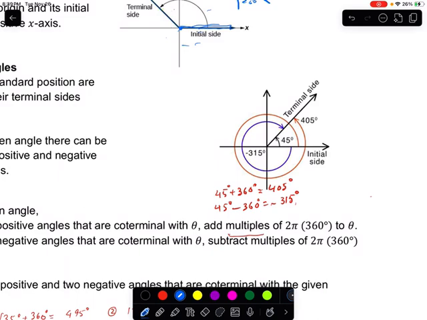So we can have coterminal angles which are positive or negative, and we will have infinitely many coterminal angles. So how to find a coterminal angle? By adding or subtracting multiples of 360 degrees if the angle is in degrees, and if the angle is in radians, then we add or subtract multiples of 2 pi.